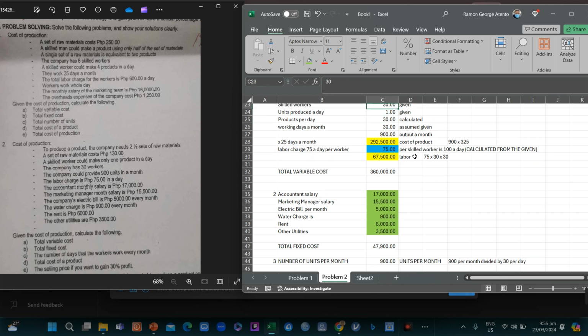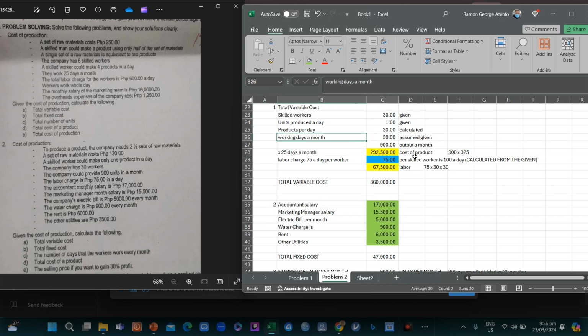For me it's working as an assumed given, but in reality it's not an assumed given. It was actually calculated, because we are saying that the output per month is 900, so it's the other way around, really. This is the given, actually. So you can work backwards.